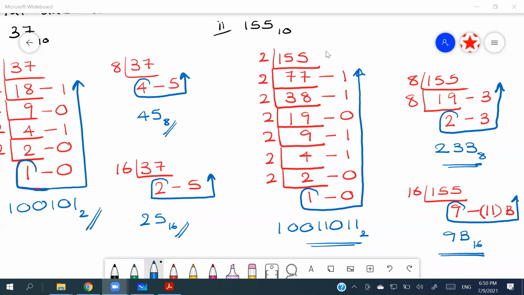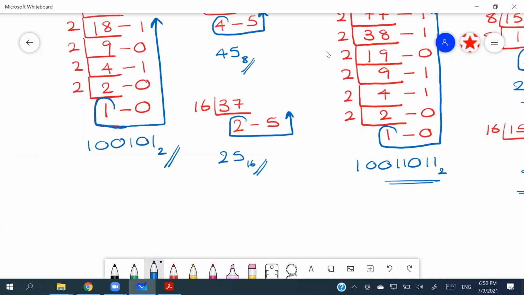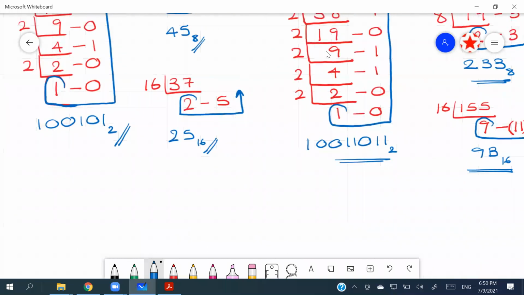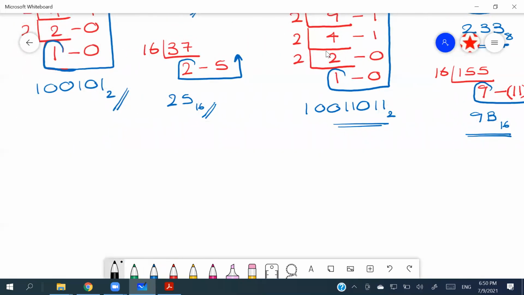Okay, so let's move to the next conversion. Our next conversion is converting the non-decimals into the decimal equivalents. Right, so that is going to be our second conversion method.